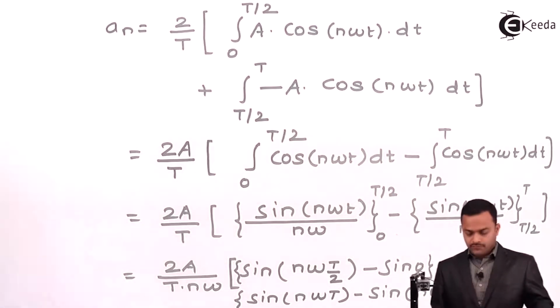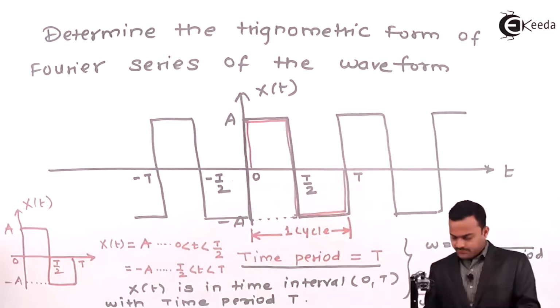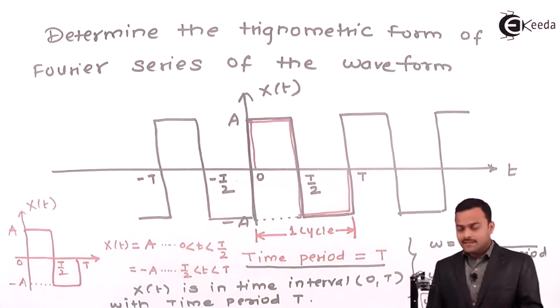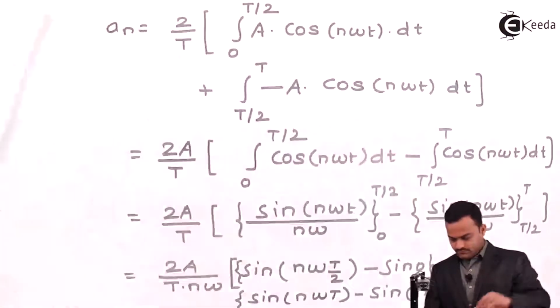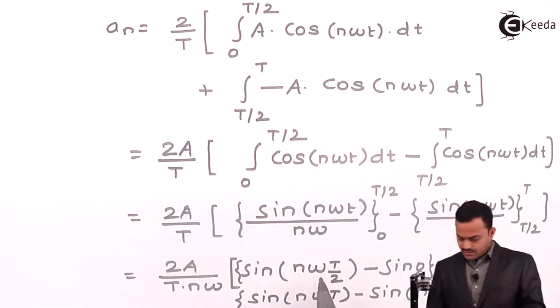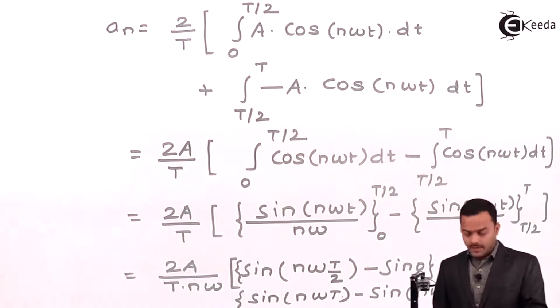Moreover, in the first step we have calculated omega T is 2 pi. So wherever we are finding omega T, we substitute that as 2 pi. Here I am having omega T, omega T, omega T, so that needs to be substituted with 2 pi.